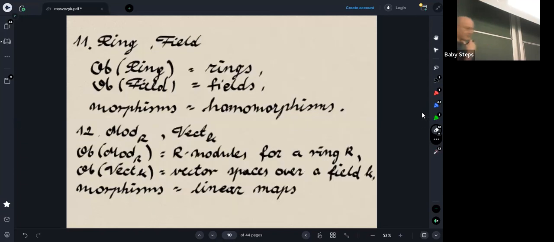Similarly, the category of rings, the category of fields with homomorphisms as morphisms provides another bunch of examples. Strictly related with these examples are the categories of modules for a given ring R, or category of vector spaces over a fixed field K, with morphisms which are linear maps, which are in the appropriate sense R-linear or K-linear.